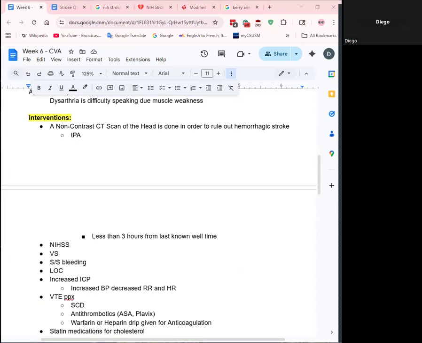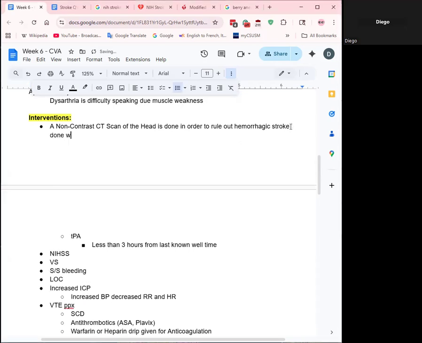So when it comes to getting that CT scan, the idea is you want to have a CT scan done within 25 minutes. So that's your golden ticket.